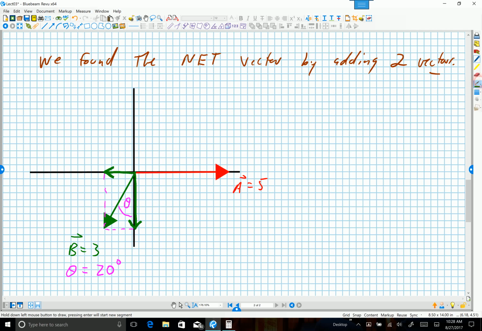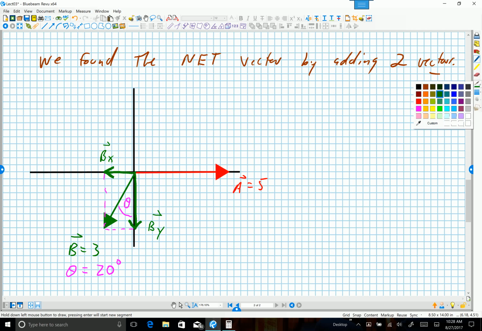I'm going to create 2 new vectors. This is by, and this is bx. They're both vectors. And here's what we're doing.